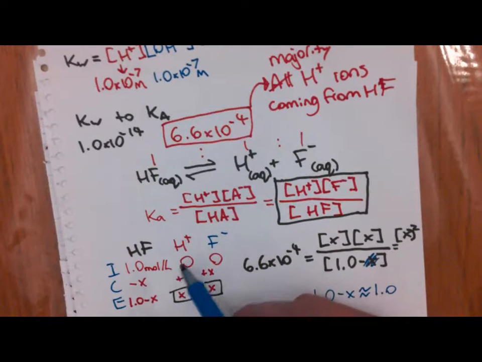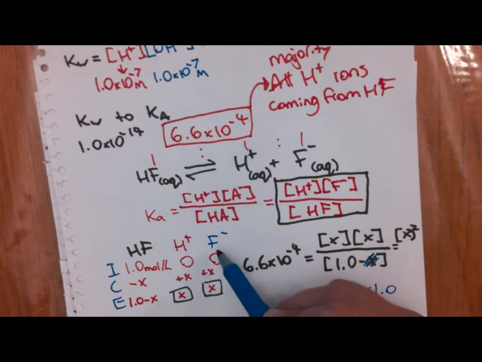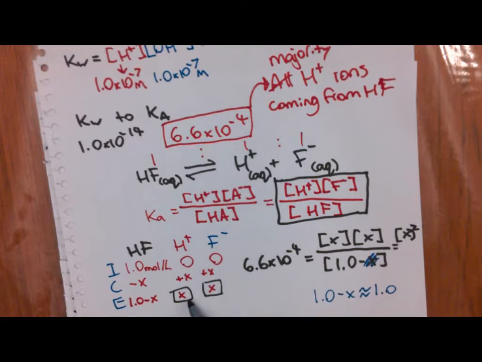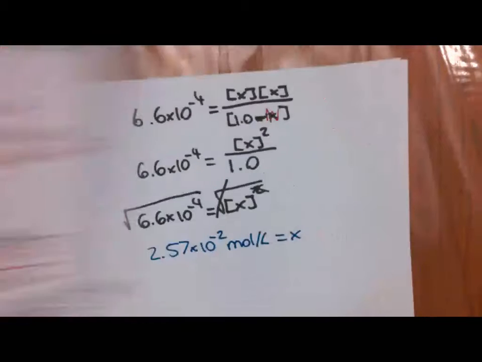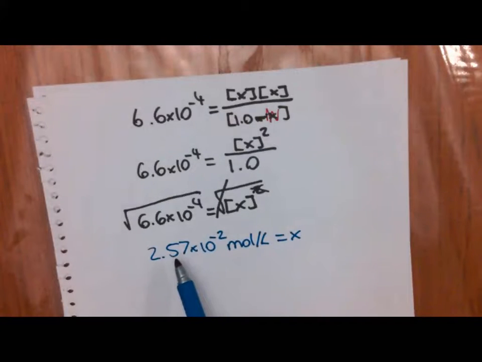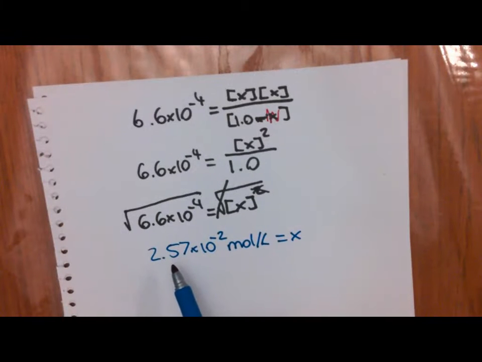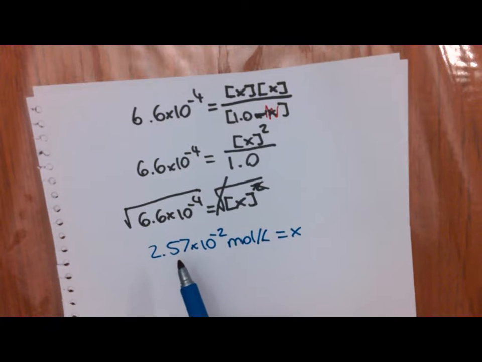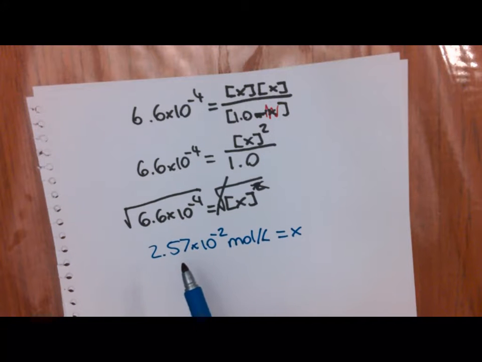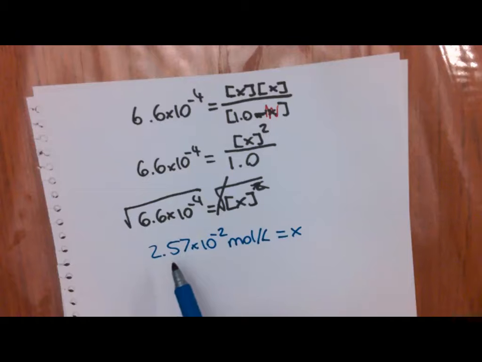So we know that both H plus and F minus are going to have final equilibrium concentrations of X, which is equal to 2.57 times 10 to the negative 2 moles per liter.